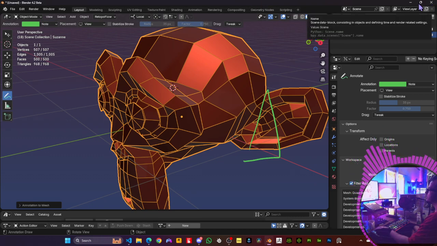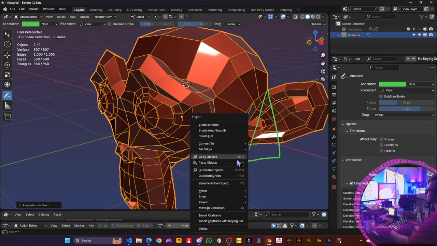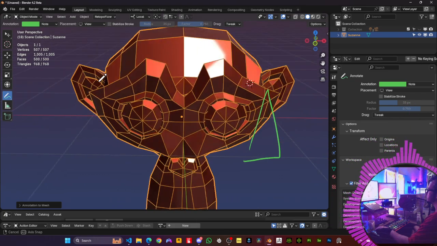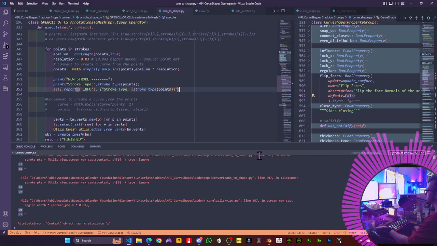Are you serious, Blender? I can't take it out of here. Is it locked? No. Right, whatever.